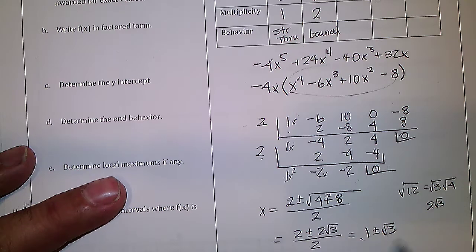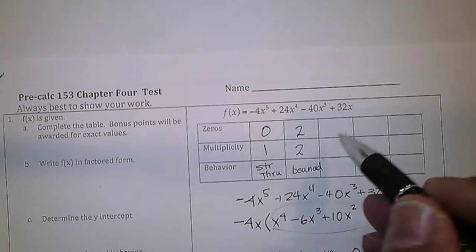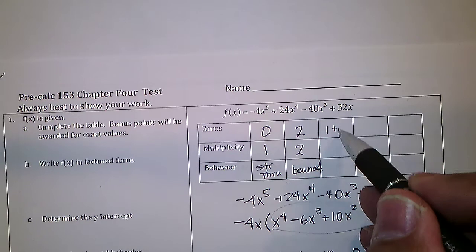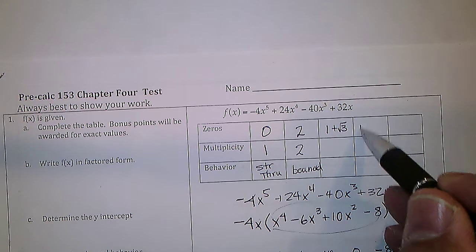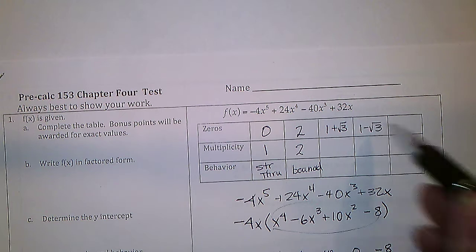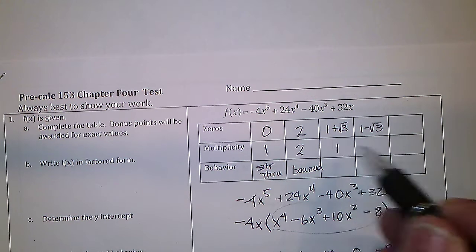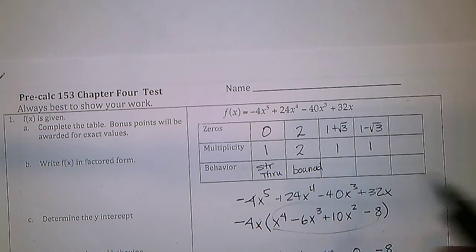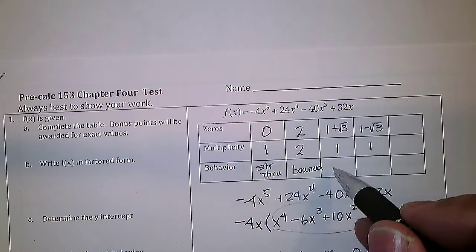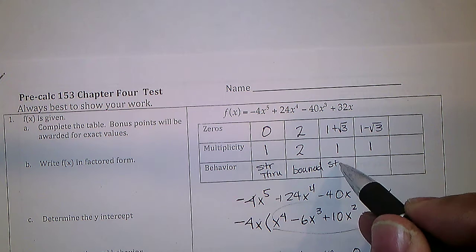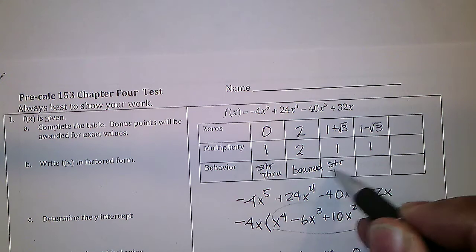And then we found these 2: 1 plus the square root of 3 and 1 minus the square root of 3. Each one of those is a single, so it goes straight through.